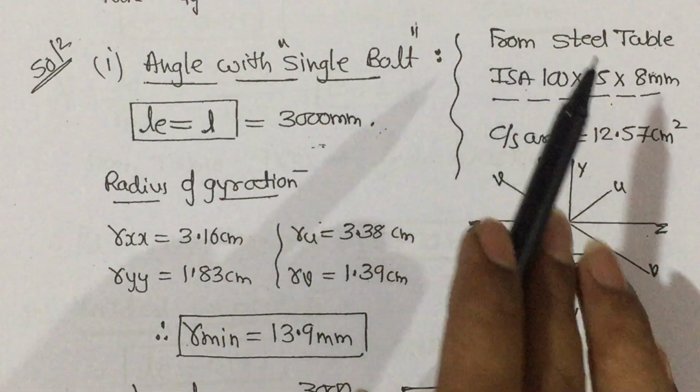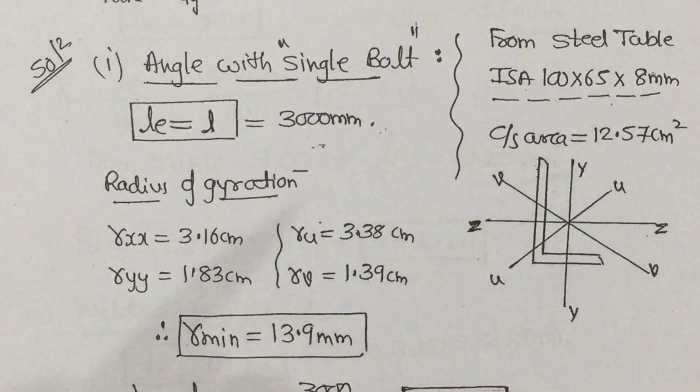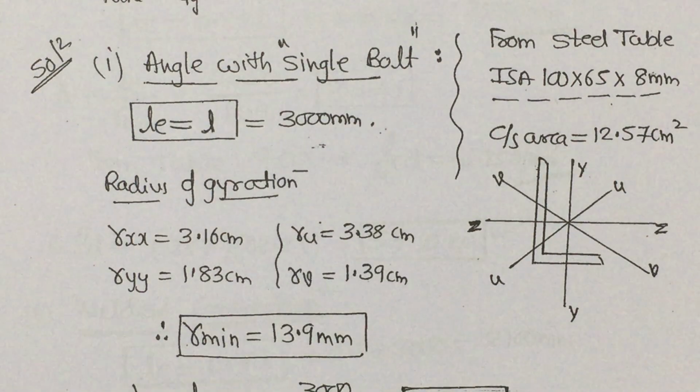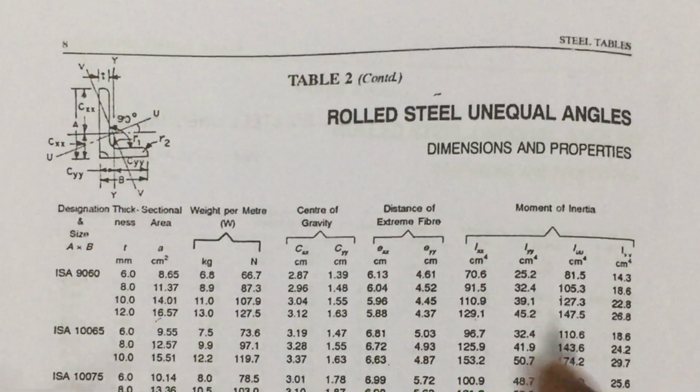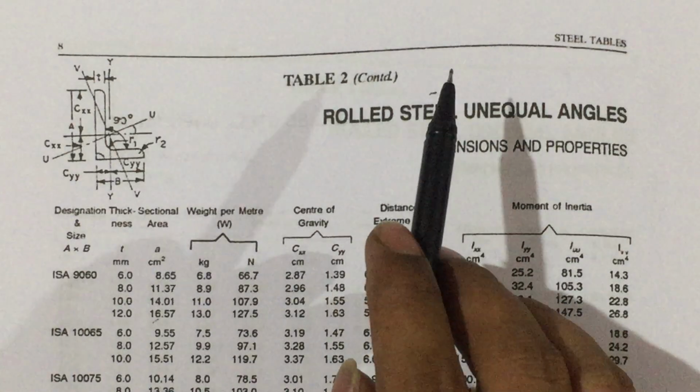Then from the steel table for ISA 100 by 65 by 8 mm. From the steel table, we are searching for 100 by 65 by 8 mm.